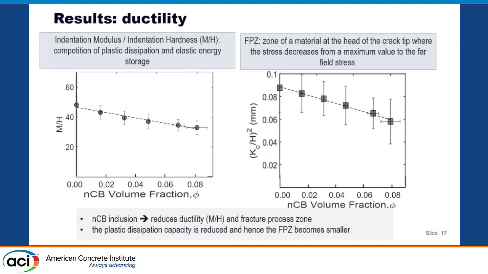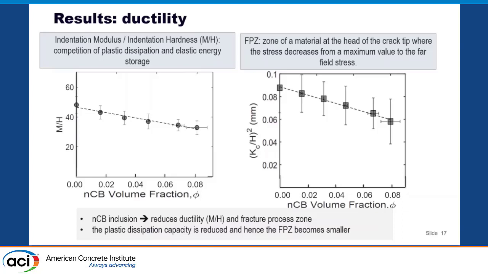It can also be estimated from the fracture process zone, where we estimate the fracture toughness divided by the hardness, squared. This is a zone at the crack tip, where the stress decreases from the far field stress to the local stress. If the fracture process zone is large, it means the material is ductile. If the fracture process zone is small, it means the material is brittle.